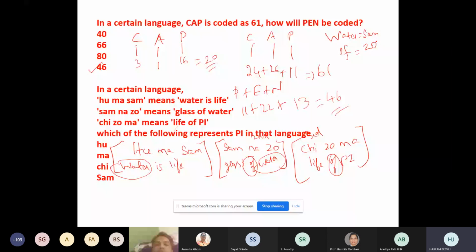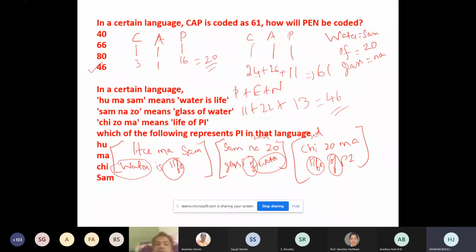Then in the second sentence, we have Sam and Zo; the remaining one is Na. So glass means Na. Then compare the first and second sentences. Which one is common? Life. Then look at the coded sentences too. What is common?